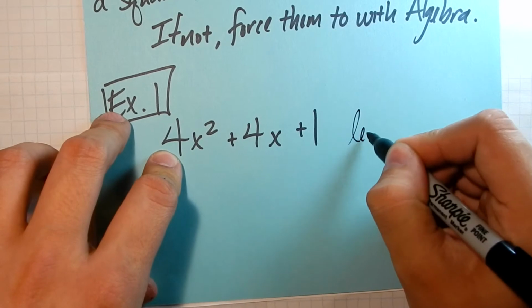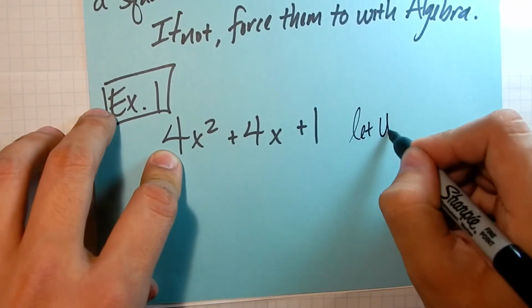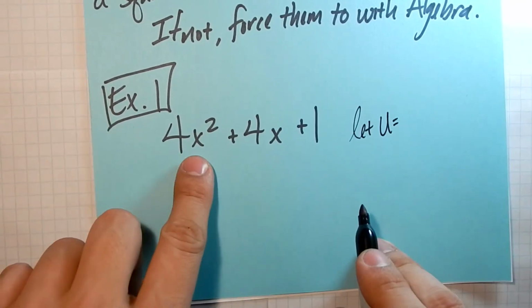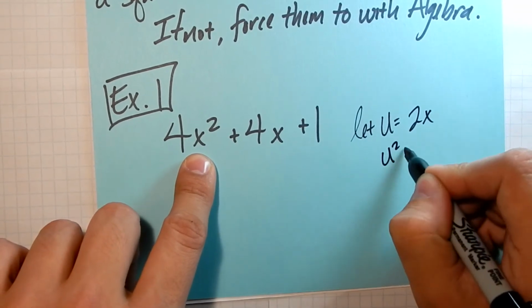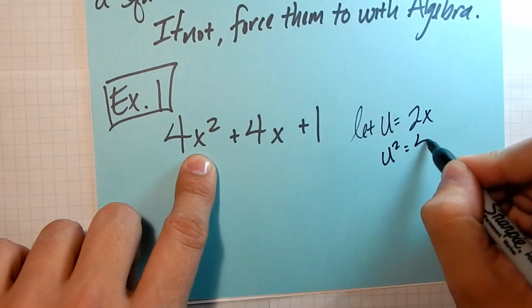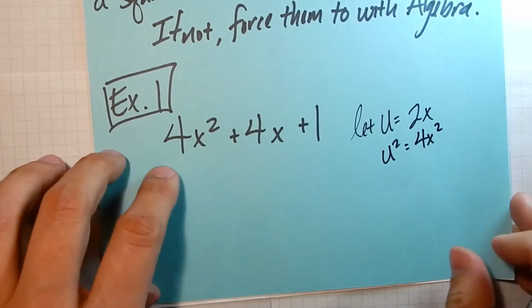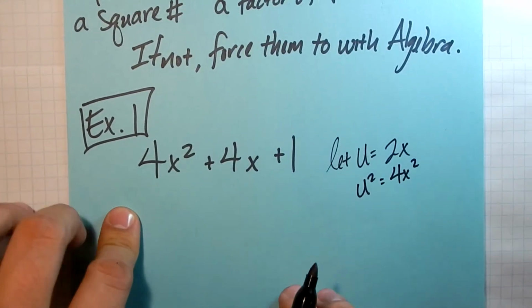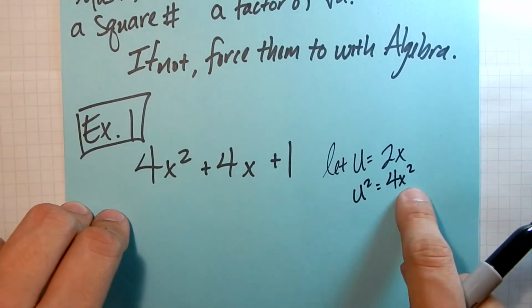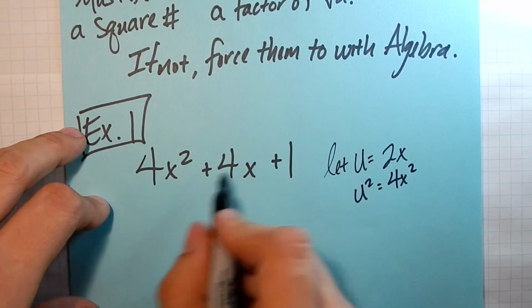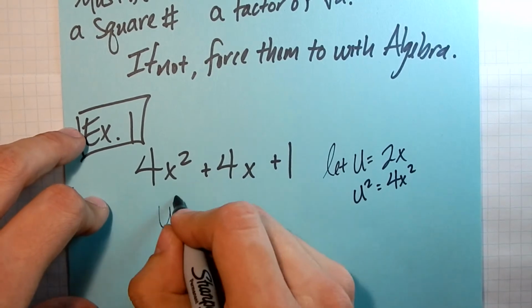So we're going to say, let u equal 2x. That means that u squared is equal to 2x times 2x, which is 4x squared. So we can start to substitute into our original expression. 4x squared is u squared.